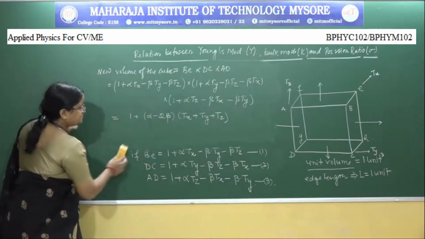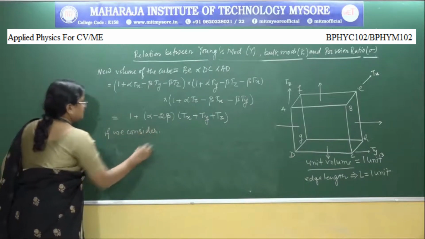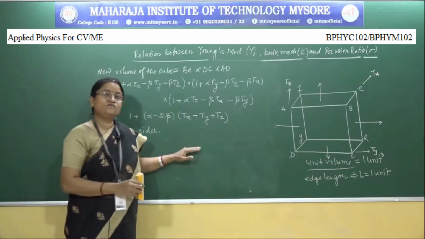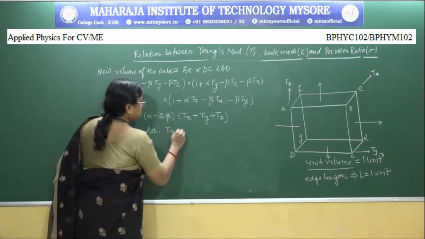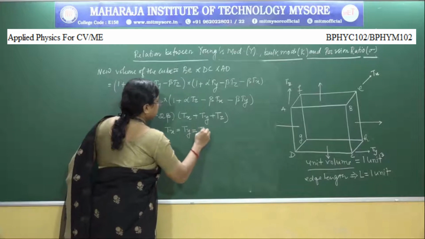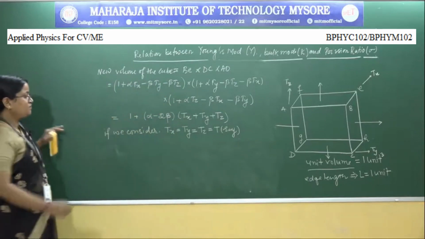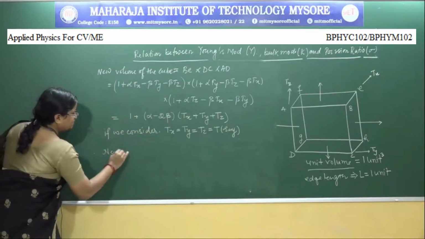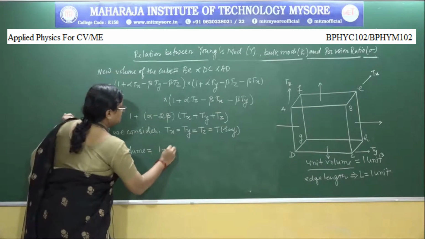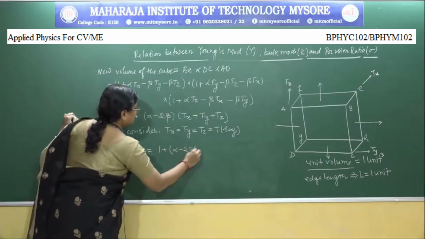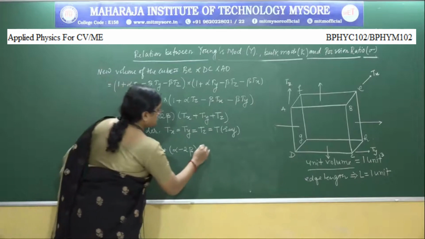Now, if we consider that the tension along each direction which we have applied to the cube is equal, meaning Tx is equal to Ty is equal to Tz is equal to T, then what can we write? The new volume is equal to 1 plus alpha minus 2 beta, and here it will be T plus T plus T, that is equal to 3T.